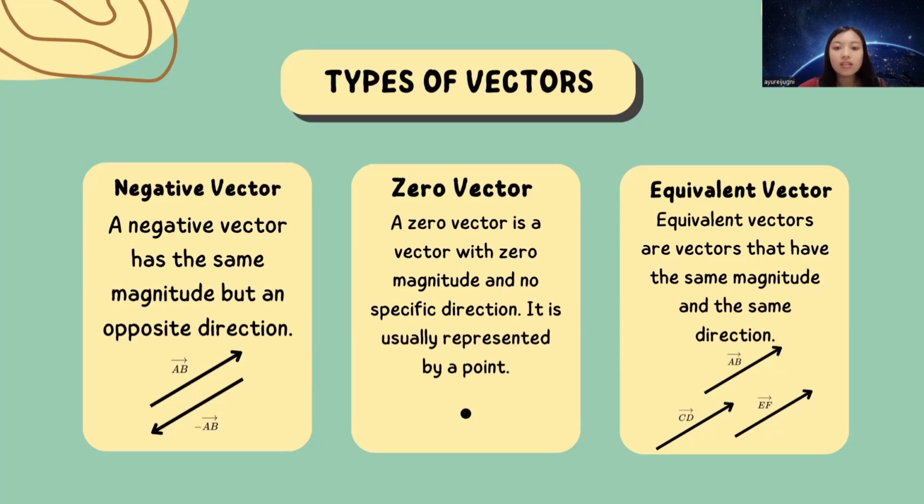It is usually represented by a simple point. Equivalent vectors have the same magnitude and the same direction, even if their positions are different. Let's look carefully at the illustration. Can you identify which vectors have opposite direction? Okay, you can answer in the comment.